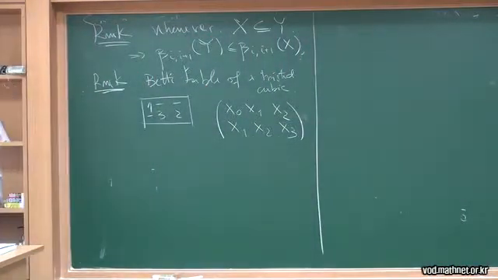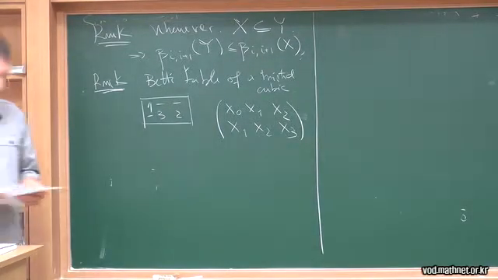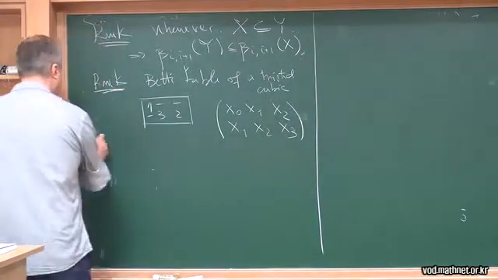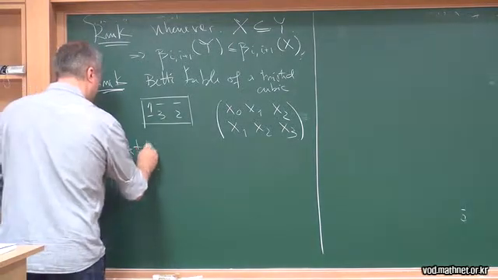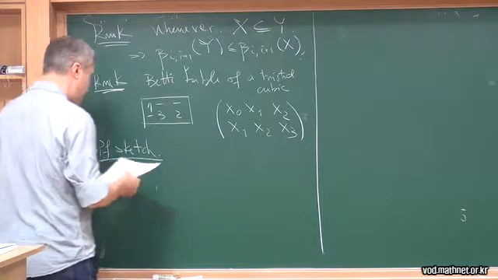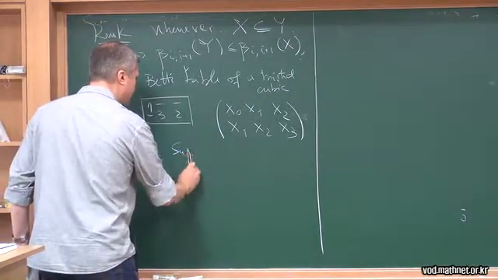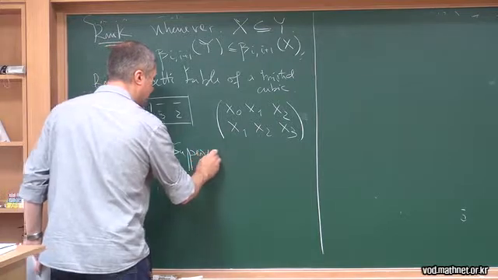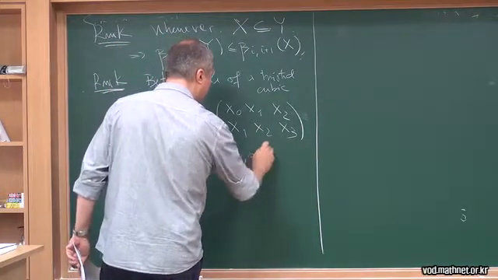Okay, let's sketch a proof. Proof sketch. We only have to assume that beta 2,3 is different from 0.